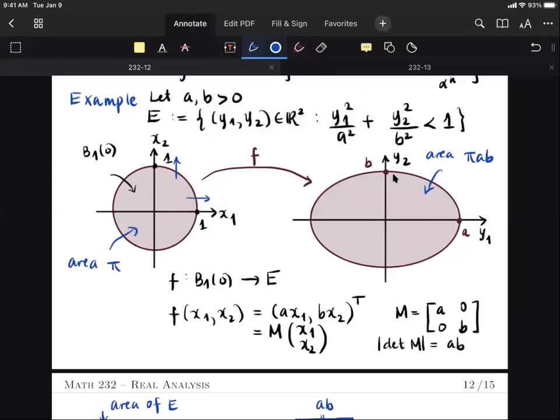So without any trigonometric transformation, we computed easily the area of an ellipse. And this reduces to the area of the circle if A and B are equal. And of course, the common value would be the radius of that circle.